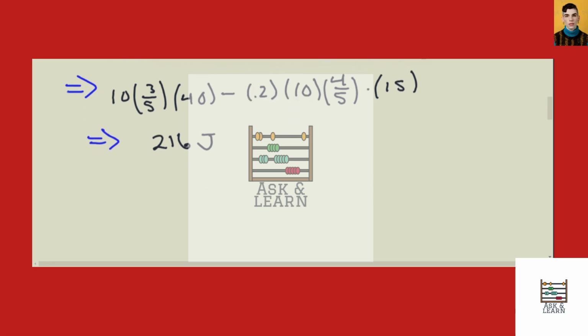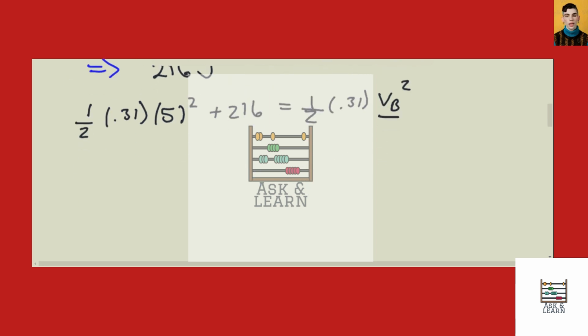Now we can plug this back into our equation at the very top. We still have the initial kinetic energy, 1/2 the mass 0.31 times the initial velocity 5 squared, plus the work done, which is 216, equal to 1/2 times the mass 0.31 times vb squared. Again, we're solving for vb.